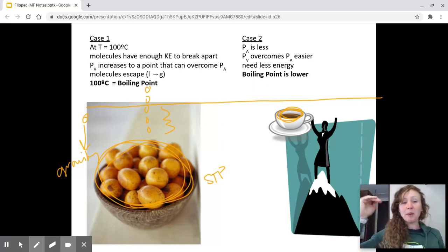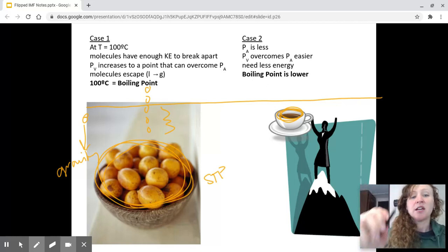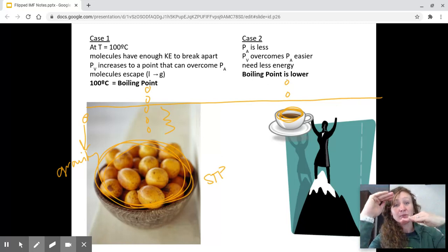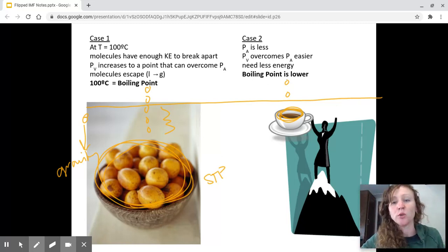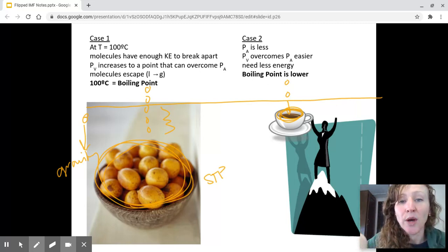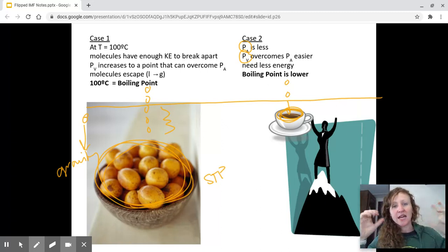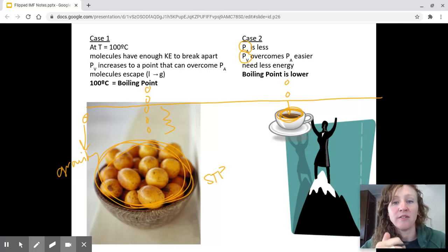Well, when you climb past that column of molecules and you're on top of a mountain, you actually have a smaller column of atmospheric molecules pushing down on you, pushing down on your solution. And so those intermolecular forces can be overcome a little bit more easily. So atmospheric pressure is less, the vapor pressure can overcome the atmospheric pressure a little bit more easily, break those intermolecular forces, and you have more of a vapor pressure.